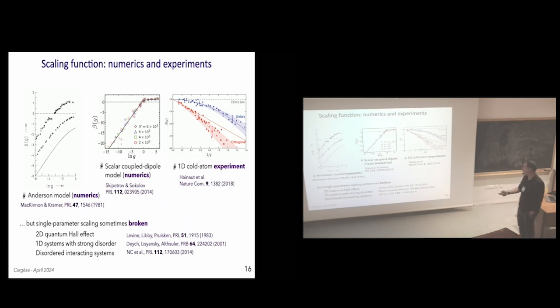For example, it's not true in the two-dimensional disordered quantum Hall effect, a system where topological contributions break the single parameter hypothesis. Less known is the fact that in 2D systems, it also fails in a regime where your disorder is really extreme, which was shown in the 2000s. And also in the context of many-body quantum physics, when you deal with atoms with interactions colliding with each other in addition to the disorder, the single parameter scaling can also be broken.